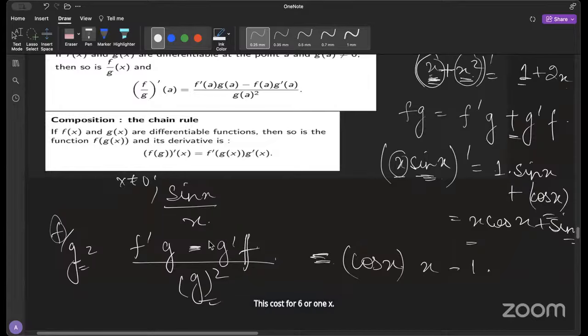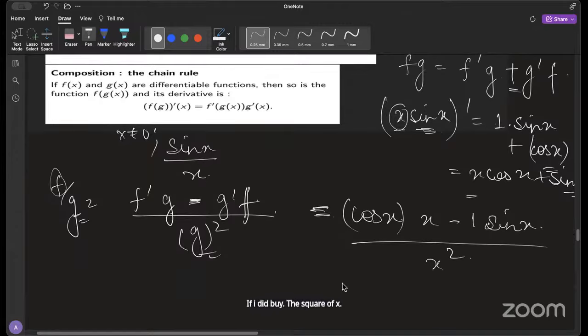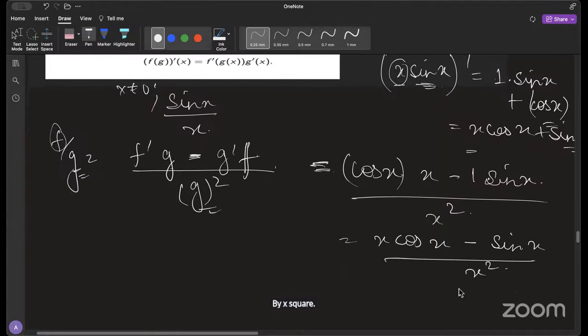Then f is sine x, and we'll take the derivative of g, divided by the square of x. This is going to be x cos x minus sine x, all divided by x square. This is the general derivative we're talking about. Is this fine?